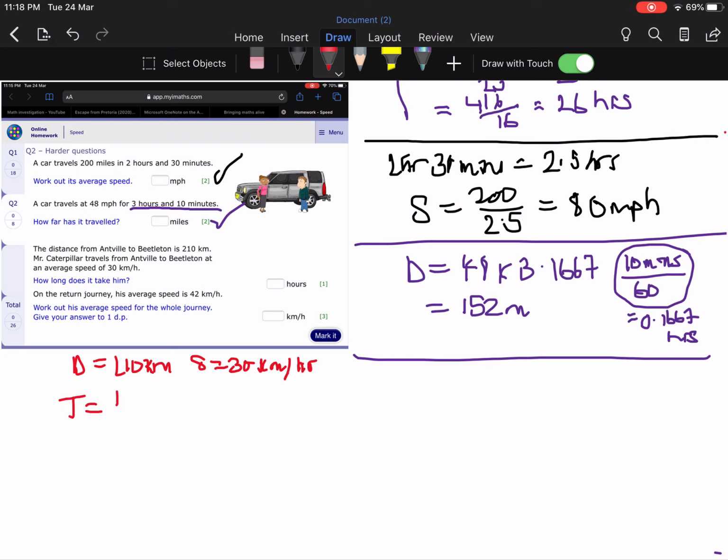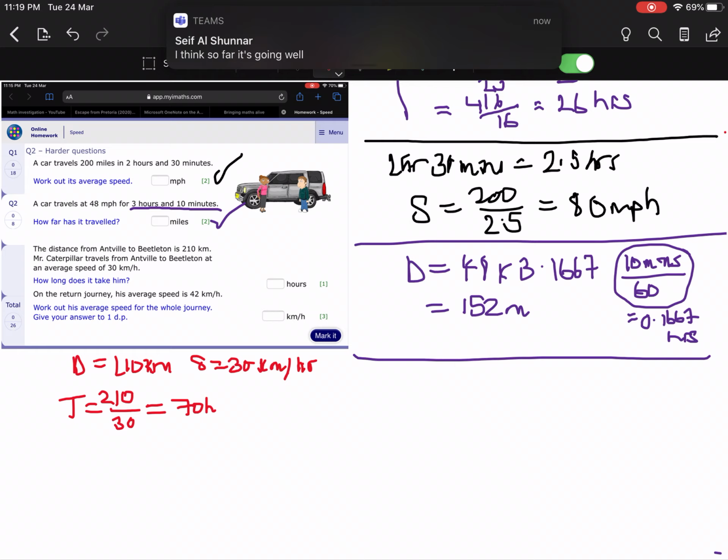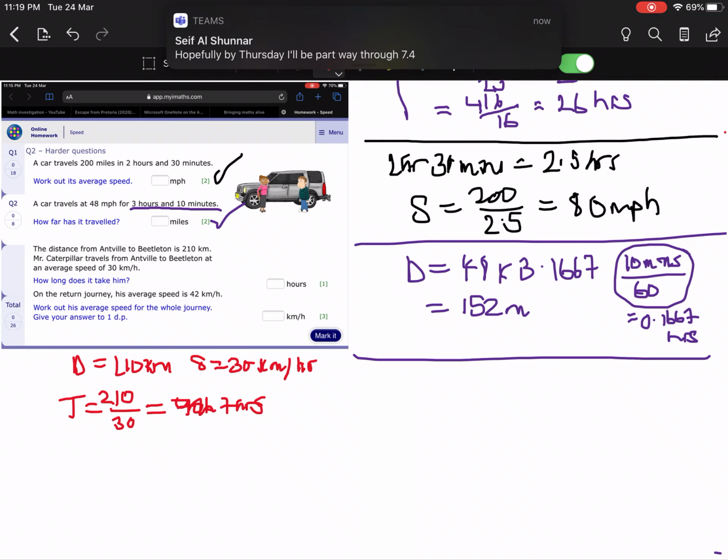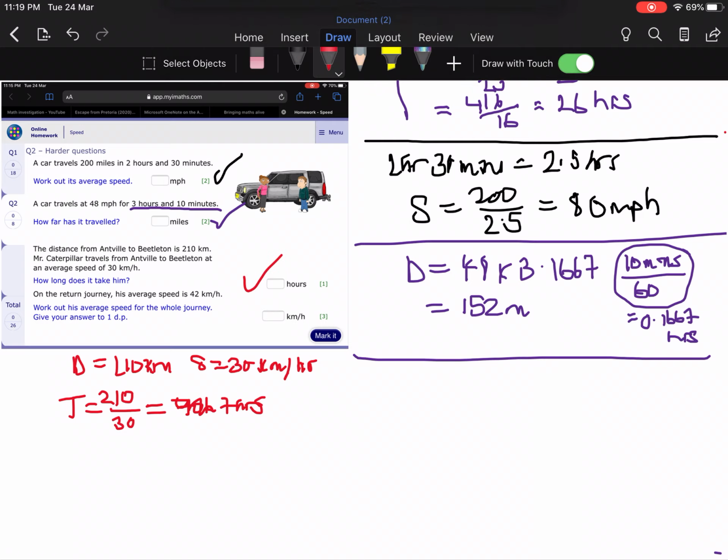Well, time is equal to distance divided by speed, which is 70 hours. No, 7 hours. 70 is crazy. 7 hours makes more sense. So that's that one done. And then it says on his return journey his average speed was 42. Work out his average speed for the whole journey.